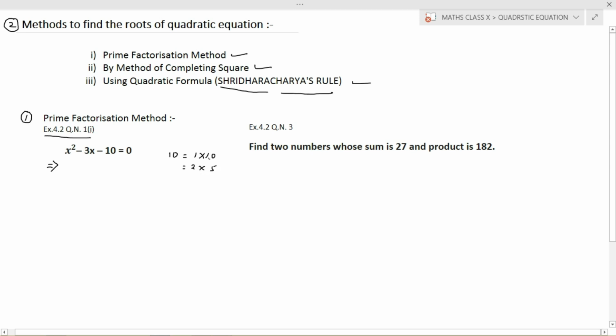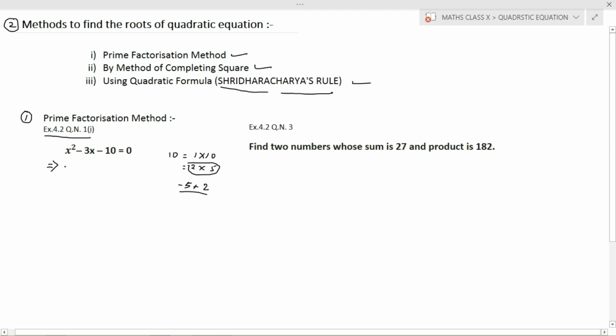Out of these pairs, 5 and 2 give a difference of 3, which is the middle term. So we will take one term as 5 and another as 2, and take the difference to get 3. But since the sign here is minus, we will take the greater number with minus and the smaller number with plus. So minus 3 can be split as minus 5 plus 2.